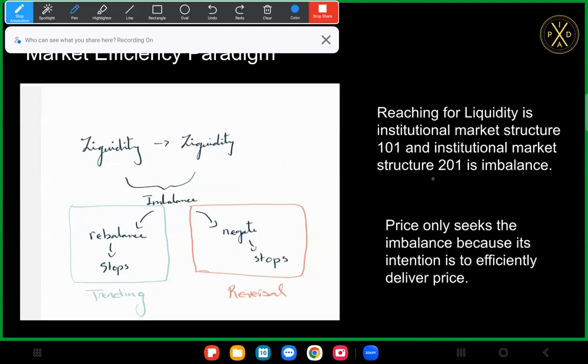And then institutional market structure 201 is the imbalance. But why is price interested in the imbalance? Well, it's because price wants to be efficiently delivered. And if it wants to be efficiently delivered, it needs to rebalance those imbalances. And we'll take a deeper dive into efficiency in the later parts of this lecture as well.